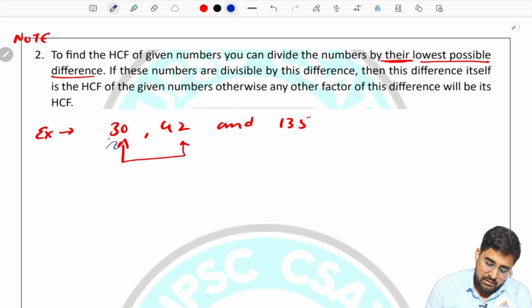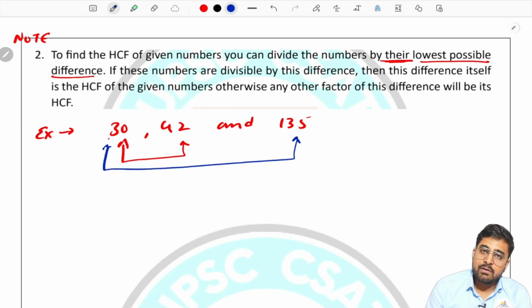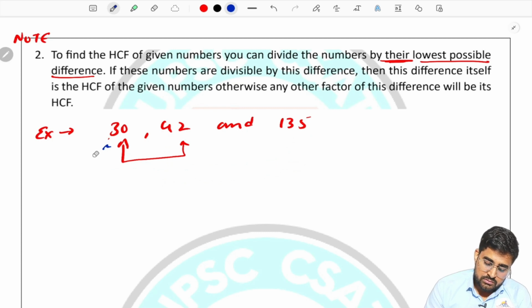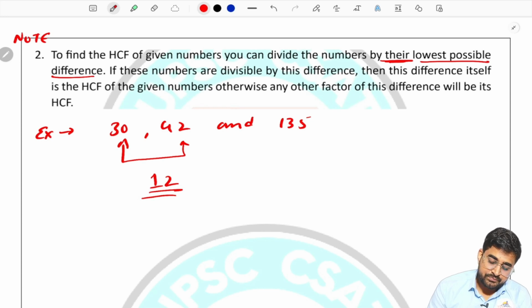For example, if you take the difference of 30 and 135, it will be 105. And if you take the difference between 42 and 135, it is also very big. So the only possibility with the smallest difference is 30 and 42, which gives you 12.